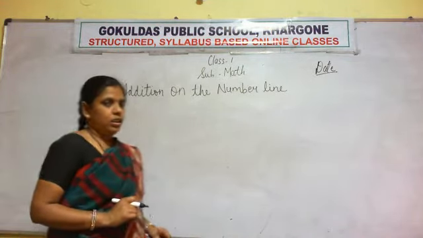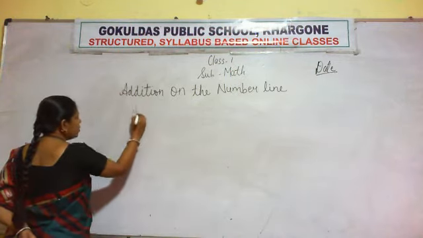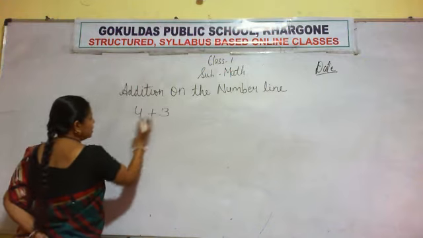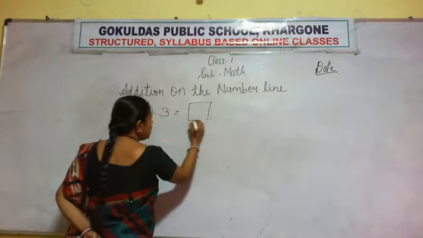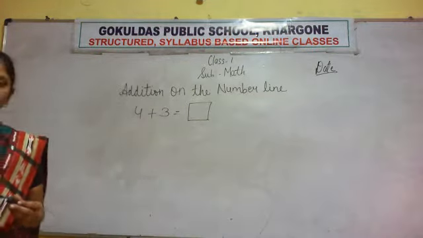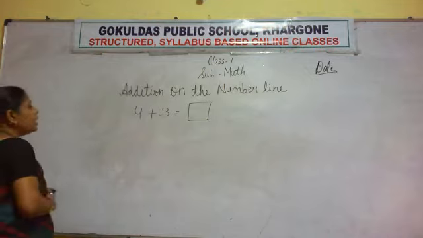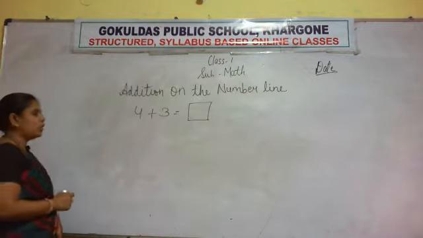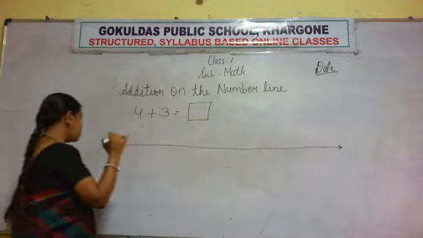Let us take one example. Suppose I write the question 4 plus 3. We have to add these two numbers, 4 and 3, using the number line. In this way we draw a number line. अभी आपको नहीं लिखना है.